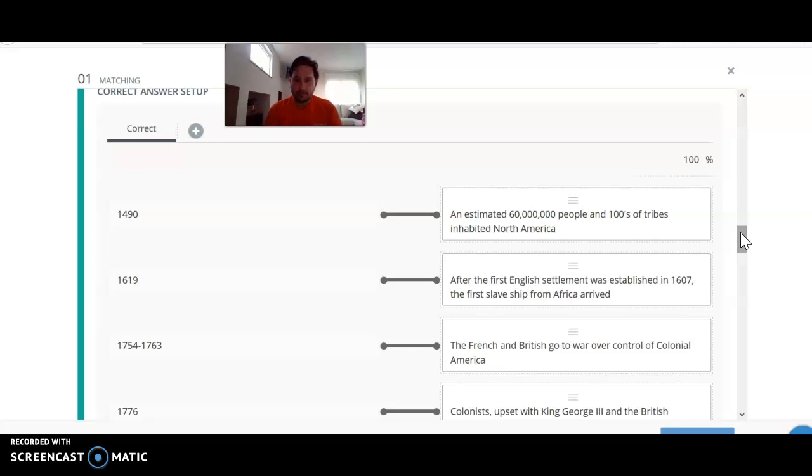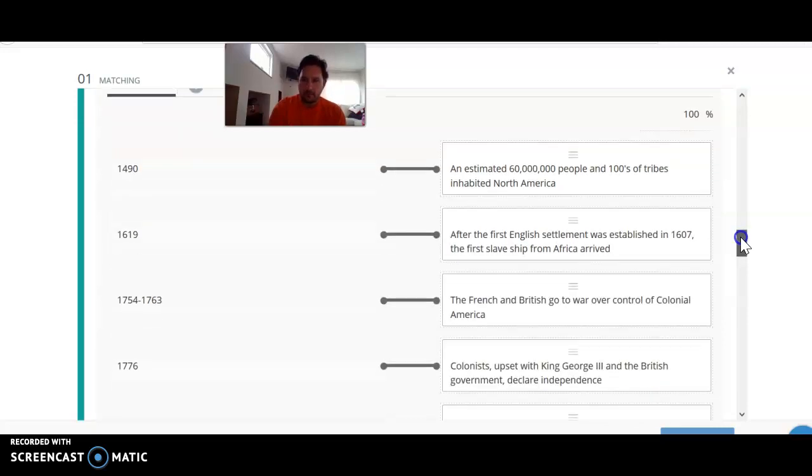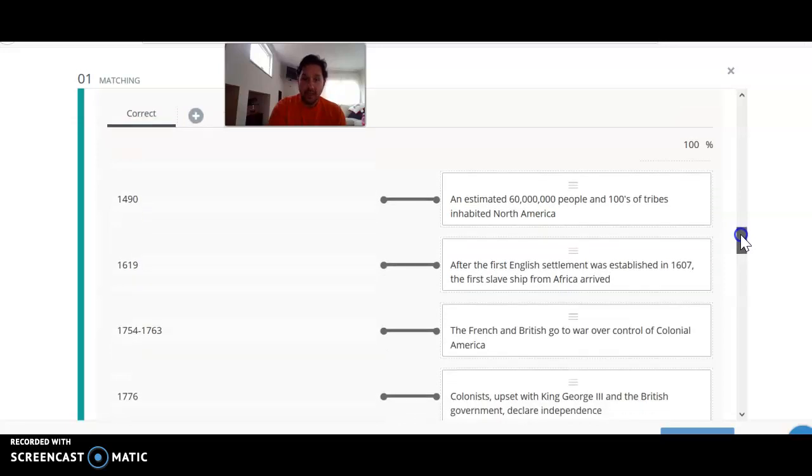So below you'll see a matching quiz, and there are multiple. I've already made a couple quizzes related to this, but this happens to be a matching quiz that includes the events that we would like you to know.